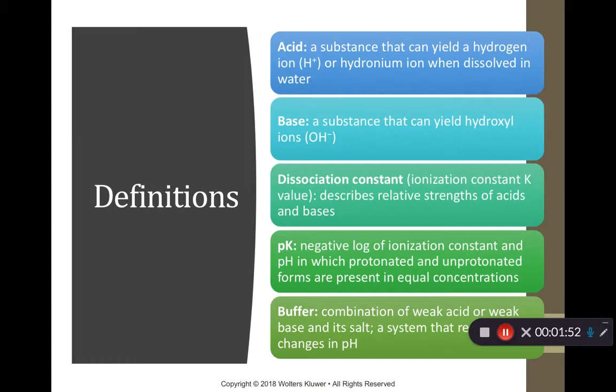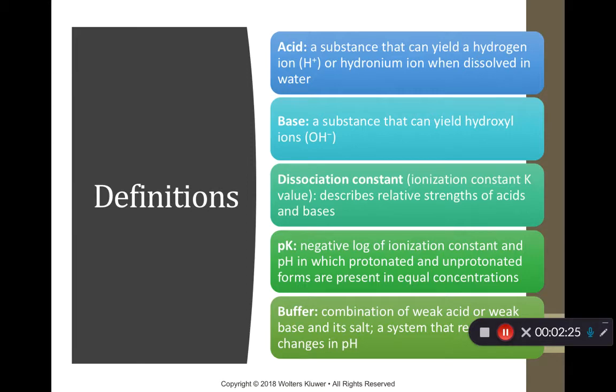So let's start with some definitions. It's going to be very important for us to understand these in order to understand the systems in the body that control the acid-base balances. The first one is acid. An acid is a substance that can donate hydrogen ions when it is dissolved in water. This is your basic chemistry lecture. A base is a substance that can yield a hydroxyl ion, which is OH minus.